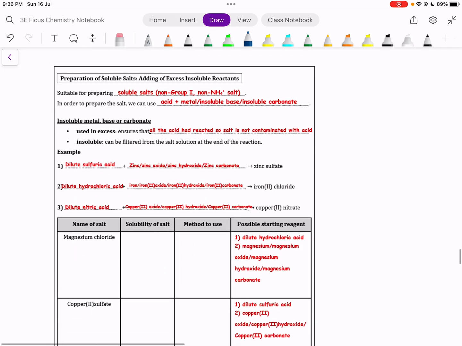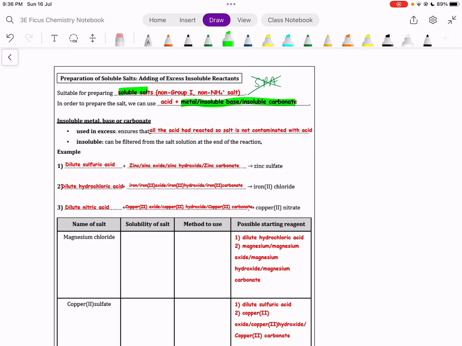So this kind of adding excess solid reactants to acid is usually for soluble salts that are not spectator salts, soluble but not sodium, potassium, ammonium. Not group 1 and ammonium. So you make use of all these solid reactants: metal, insoluble base, insoluble carbonate.